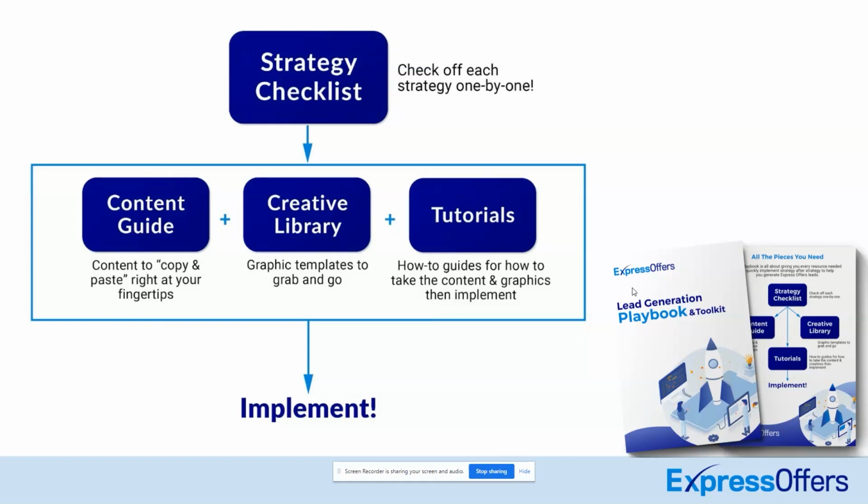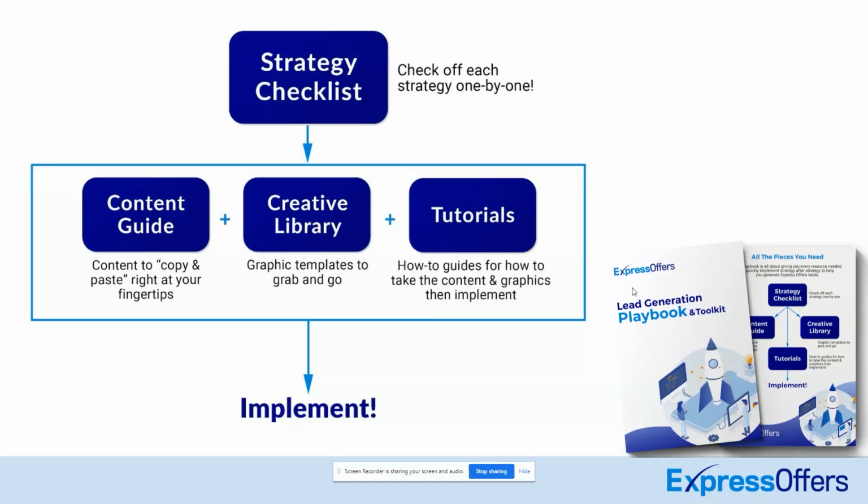And then giving you content. We all have writers. Well, I shouldn't say all of us. I'm not particularly a writer, so I'll get writer's block. So we give you content to copy and paste so you don't have to go recreating the wheel when it comes to actual text. There's a creative library, so graphics that are ready for you to download and go, and tutorials, usually in the form of quick videos for you to watch in bite-sized pieces.